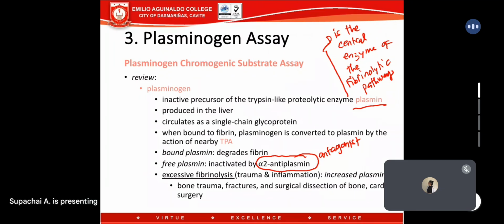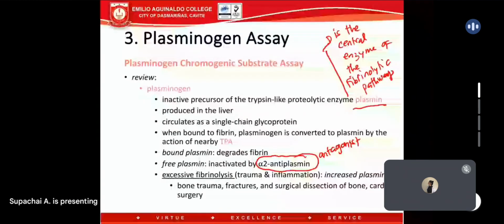On the other hand, free plasmin can be inhibited by alpha 2 antiplasmin, which serves as the antagonist or the inhibitor of plasmin. Anyway, if there is excessive fibrinolysis due to trauma or inflammation, we expect the patient to have an increase in plasmin. This is seen, for example, during bone trauma, fracture, surgical dissection of bone, and even during cardiac surgery.